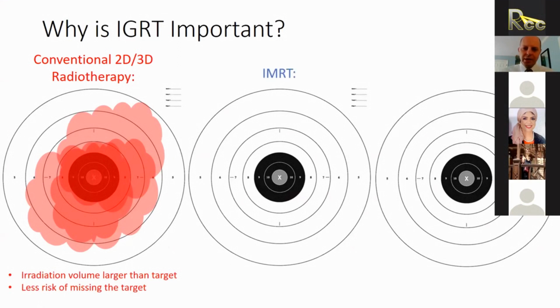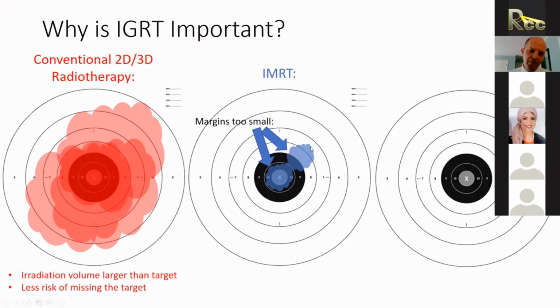If we have IMRT without image guidance, we may be able to paint a very tight dose distribution. However, if we don't think too hard about the margins, we may line up right on or we may line up off. As you can see in this case, these margins are too small if this is our uncertainty from day to day.